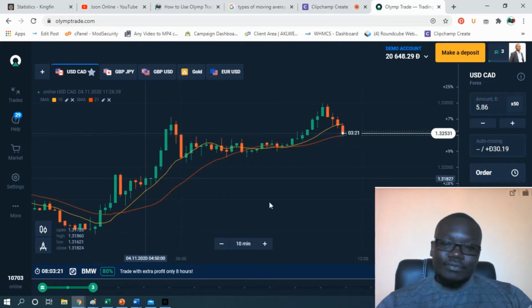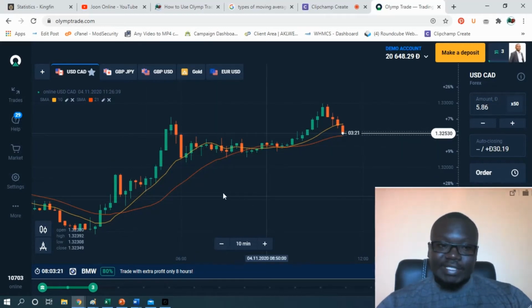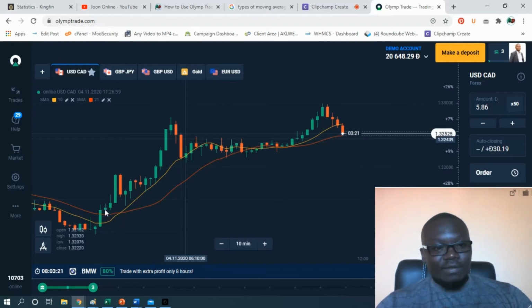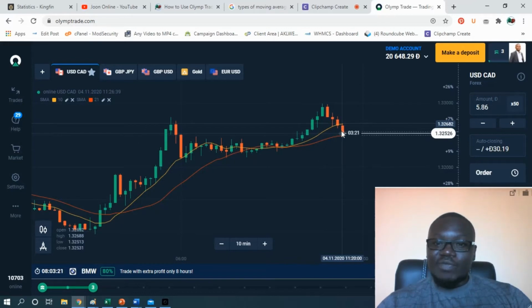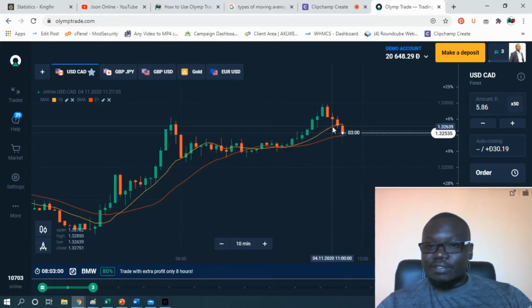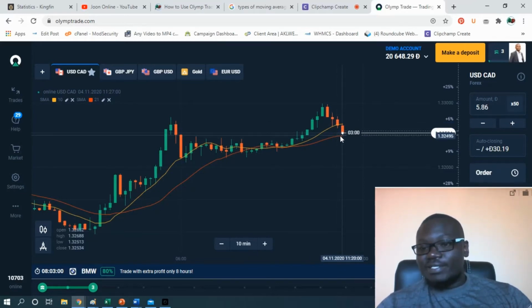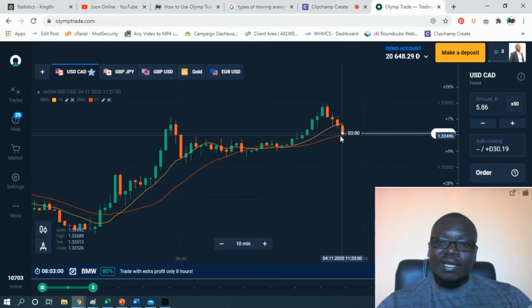So if you look at this setup right now, you can see that prices are still trading above our first SMA. But if you look at it from this level, the support level has been breached. It has become our resistance level, and now the red SMA turns out to be our new support level.